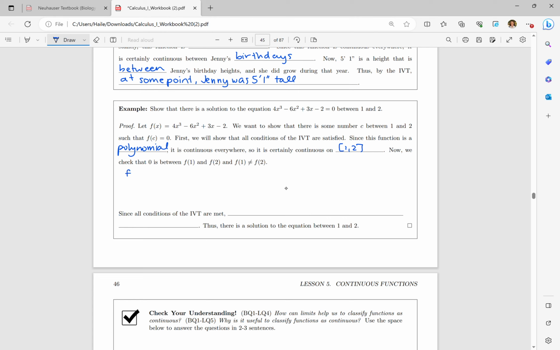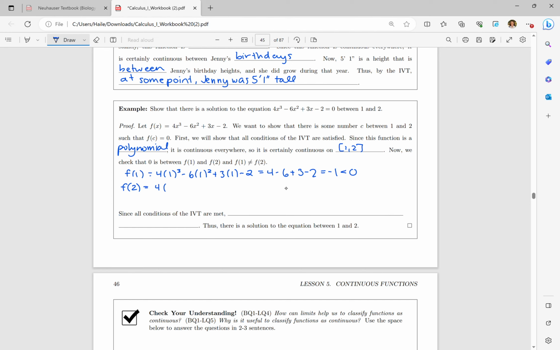So f of 1, we're going to plug in 1 to f of x, so we have 4 times 1 cubed minus 6 times 1 squared plus 3 times 1 minus 2. That gives us 4 minus 6 plus 3 minus 2, which is negative 1, which is less than 0. Okay, so we have our negative number. Now let's try f of 2.